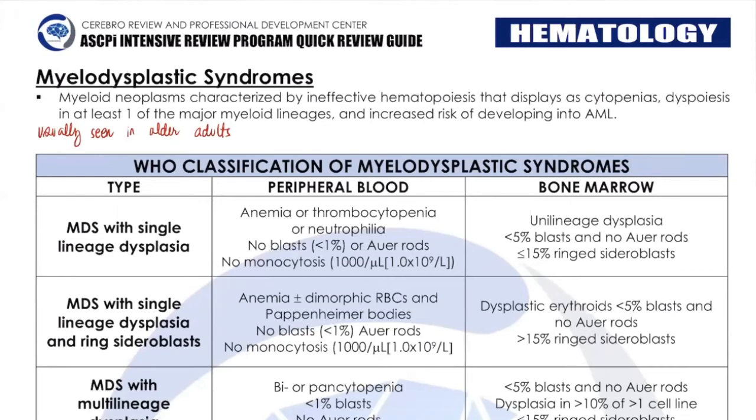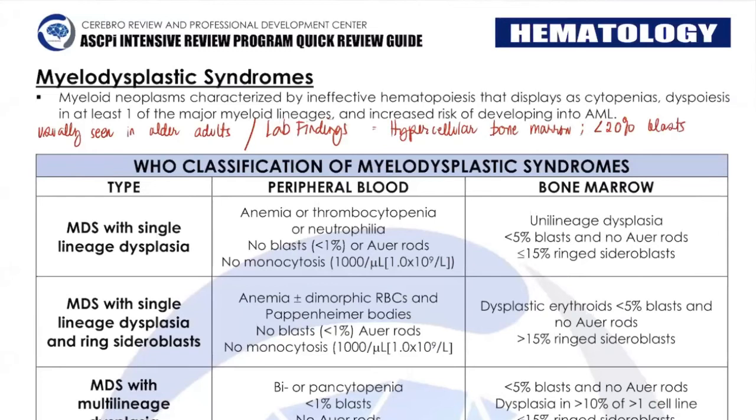Lab findings. So we have hypercellular bone marrow. Okay? And unlike acute myeloid leukemia, the blasts here are less than 20%. Less than 20% blasts. Okay?